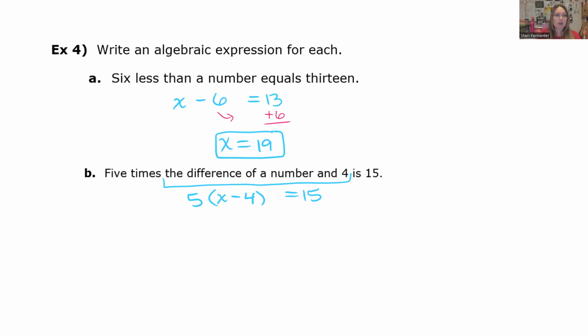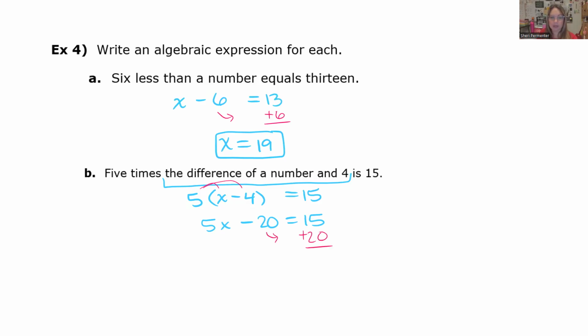All right, let's solve this. What would you like to do first to solve? Okay, we can distribute. So we get 5 times x, and then 5 times 4. Yep, very good. So 2 steps. What do I do first? Very good.